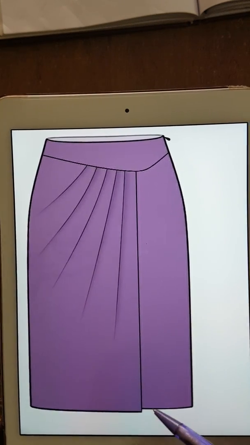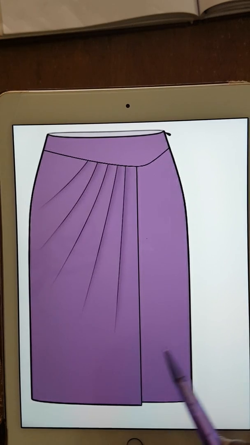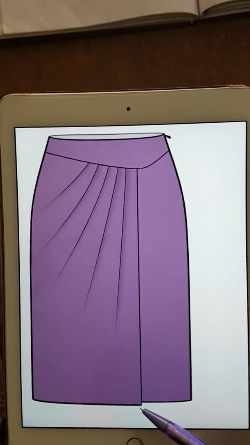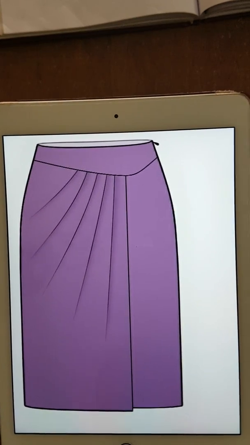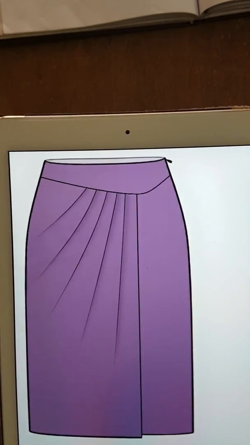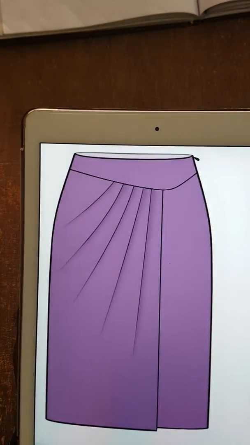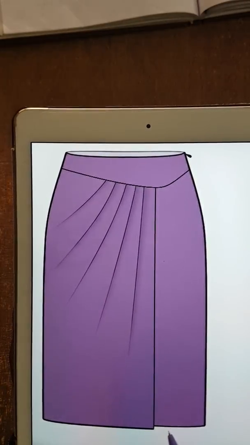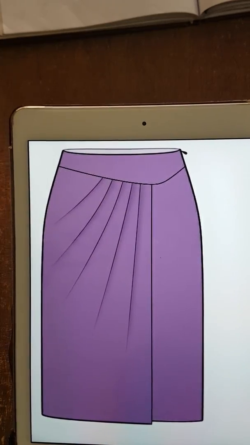Okay, whether you're joining these panels together or you want it to look like an overlap or a wrap, the process is still the same. Okay, so now if you want this to be just an overlap, it's fine.